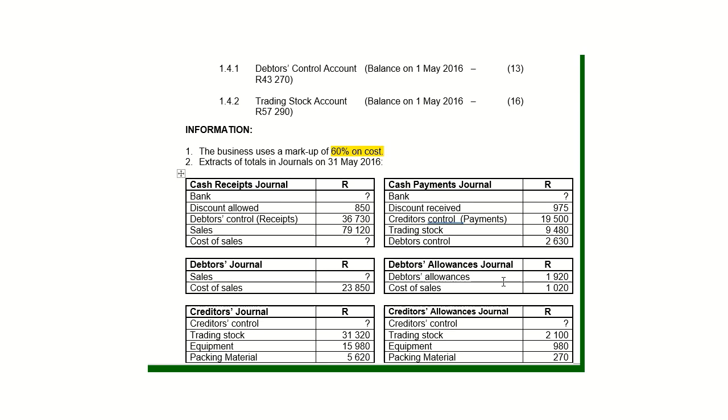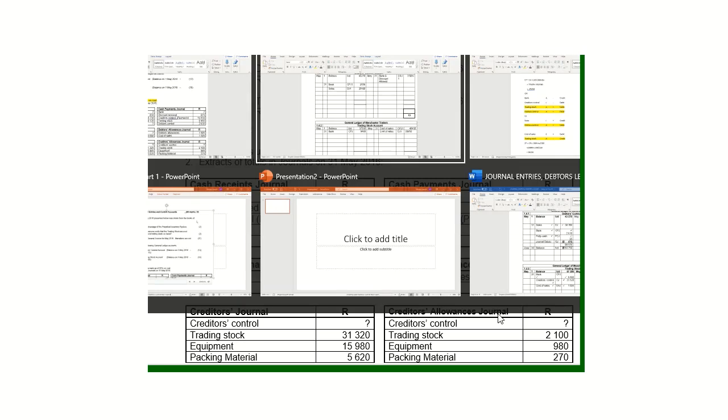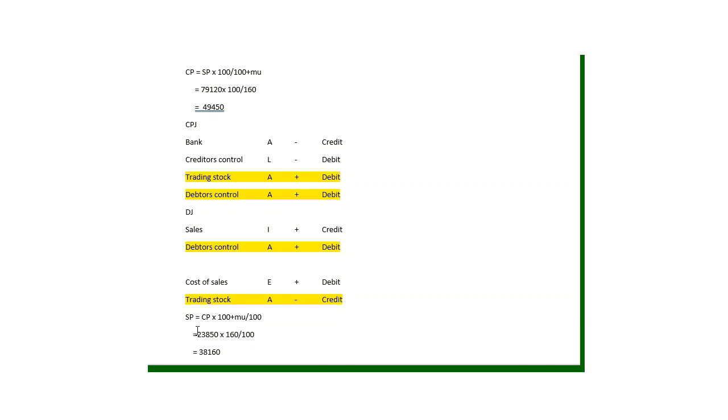Now I can move on to the DAJ. DAJ also has two columns, debtors allowance and cost of sales. DAJ is for goods returned, so the debtors allowance is the selling price and the cost of sales the cost price. So let's look at the transactions for a DAJ.